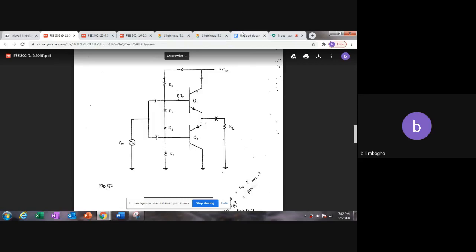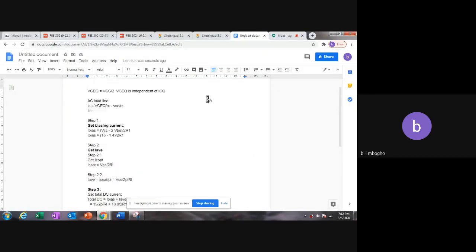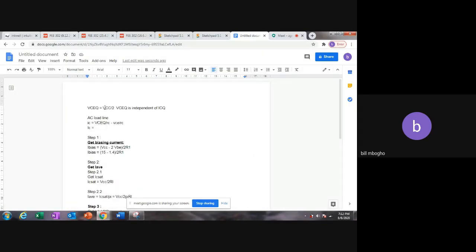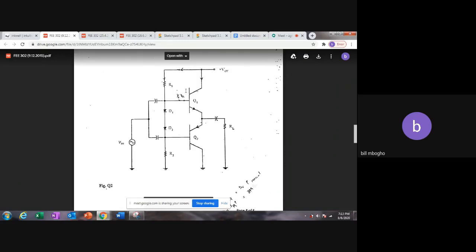Why is it that there we considered ICQ, but here in the class AB amplifier we aren't considering ICQ, yet we've said that ICQ can take any value?